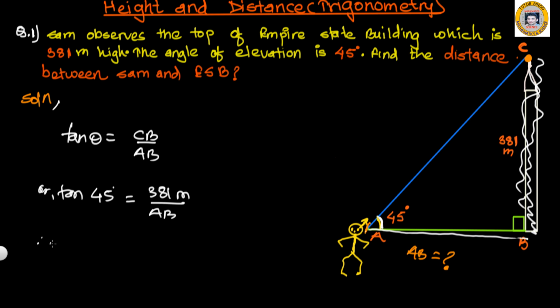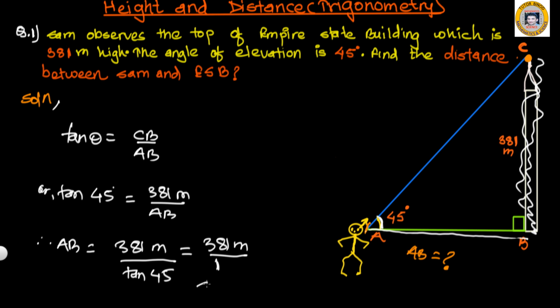Therefore, our AV will be 381 meter over tan 45, and the value of tan 45 is 1. So AV is 381 meters. So the distance between Sam and the Empire State Building is 381 meters.